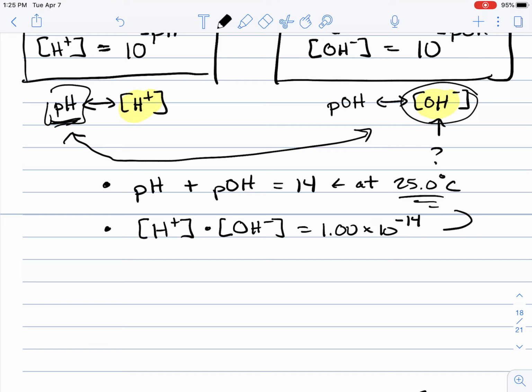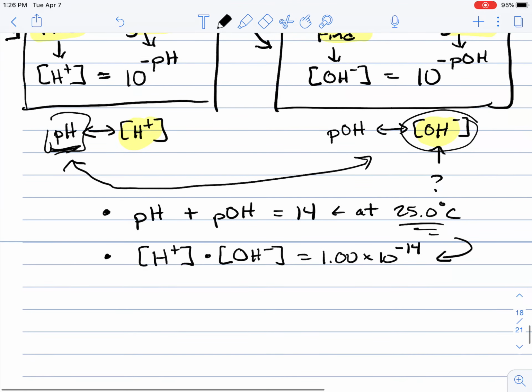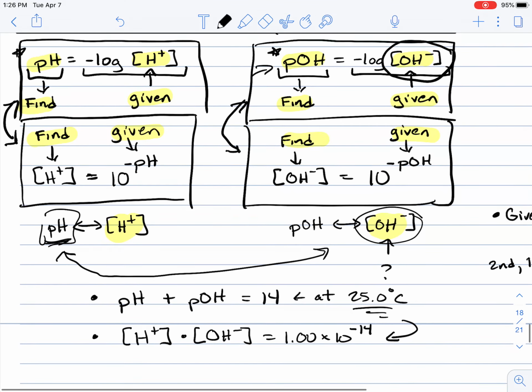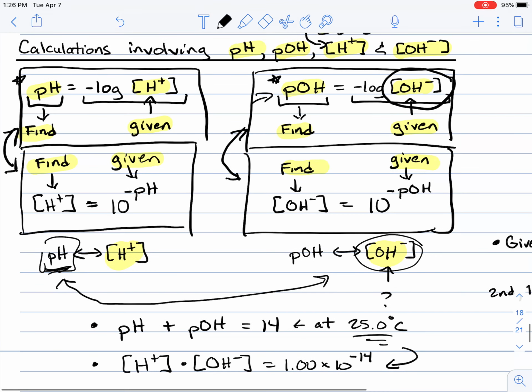Once again, this value holds true when the temperature is at 25 degrees Celsius. And so overall we have 6 equations that allow us to go between pH, pOH, concentration of hydrogen ion, and concentration of hydroxide ion.